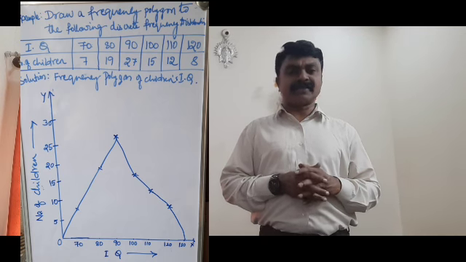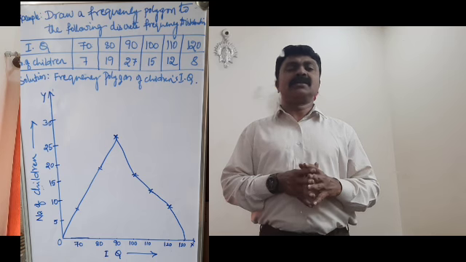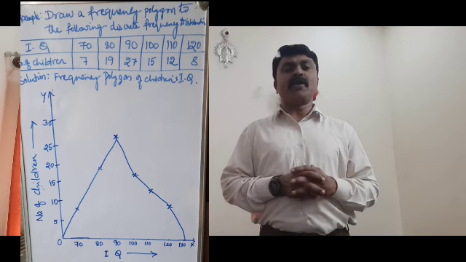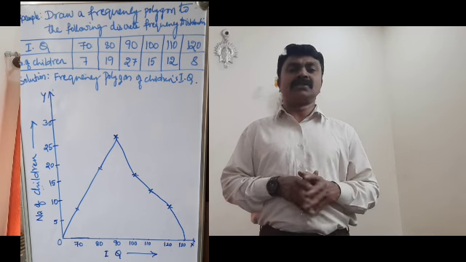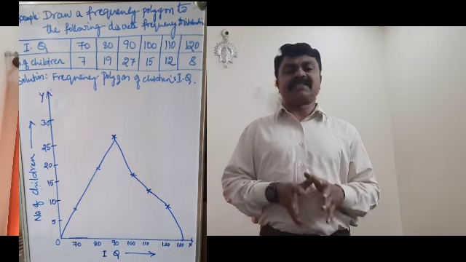Most social science subjects use the frequency polygon. It is appropriate to identify results. I hope you understand very well. Finally, I conclude that this frequency polygon graph is widely used by many researchers.